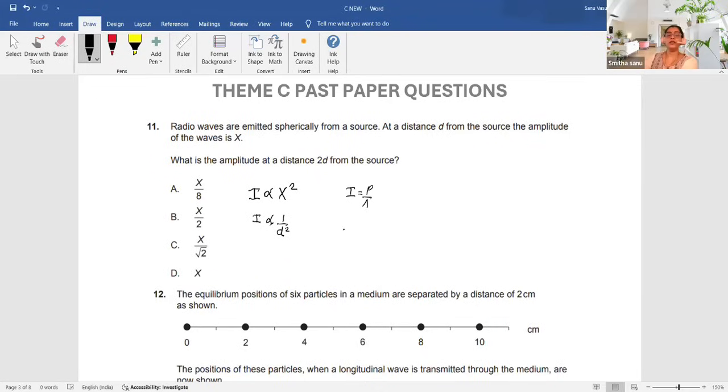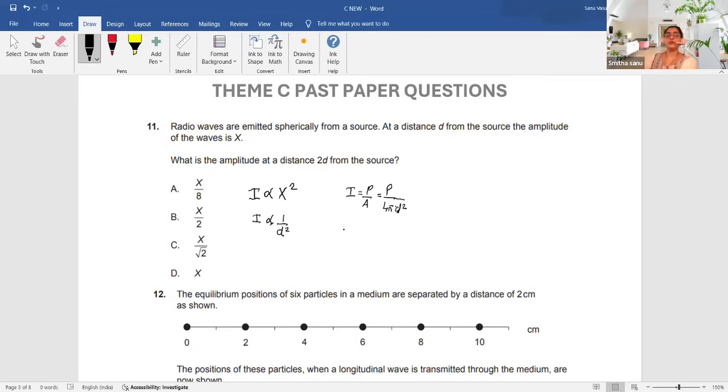For a constant power, the area that it's going to cover is 4 pi r square because it's a spherical wavefront. So if the distance to the source is d, then intensity is inversely proportional to d square.